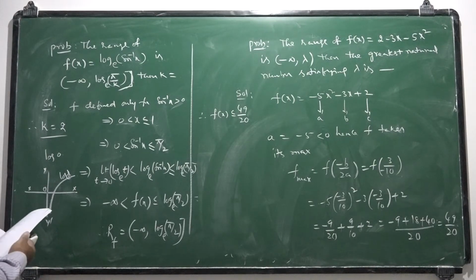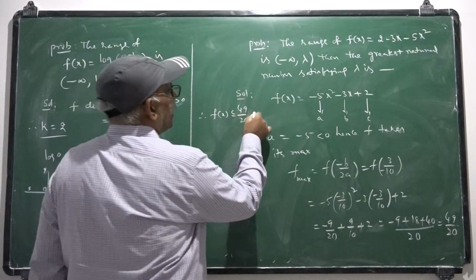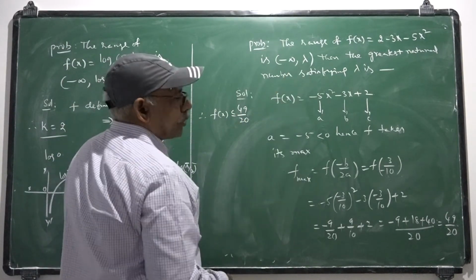Let us go through the answer here. The integer value is the value of lambda, the greatest natural number. The value is given as 2, of course 3. Between this value and 3, there are no values of f(x).